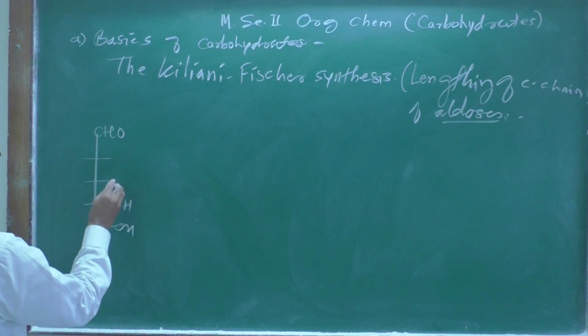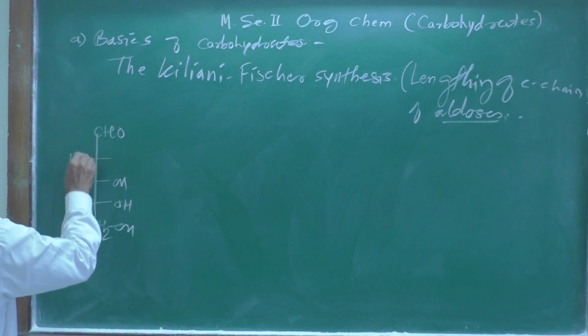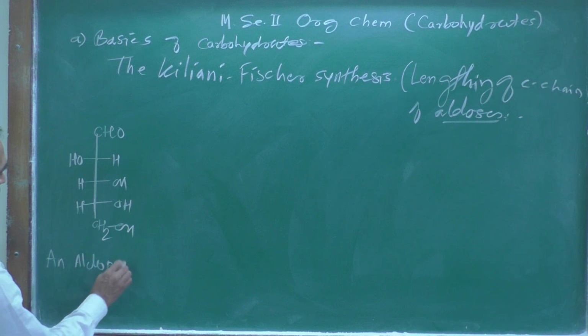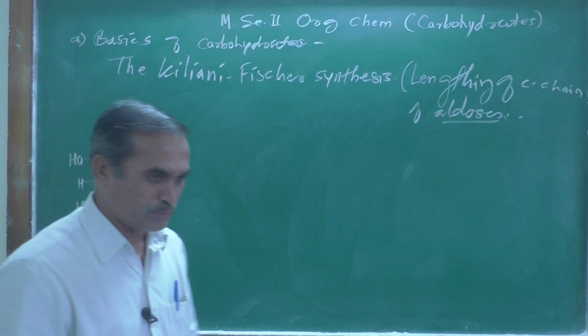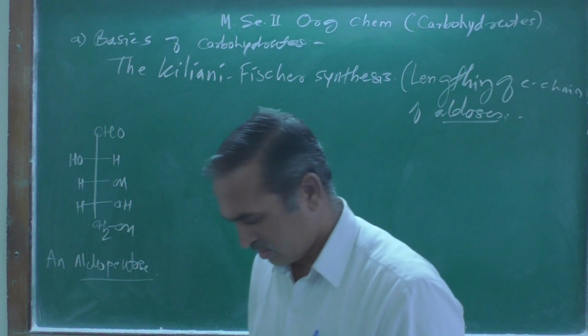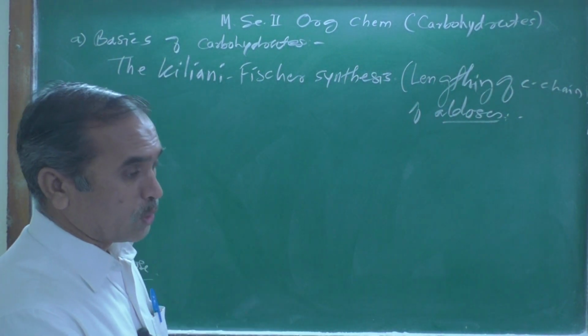They have taken OH and hydrogen atoms on the carbons, with one OH on the left hand side. This is an aldopentose, because we are trying to synthesize the compound glucose.